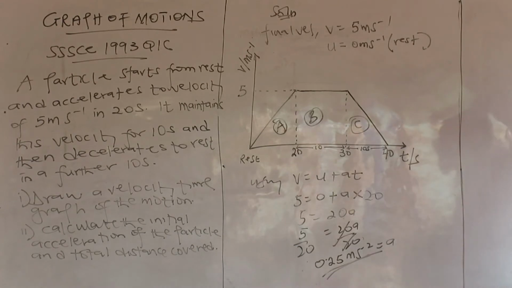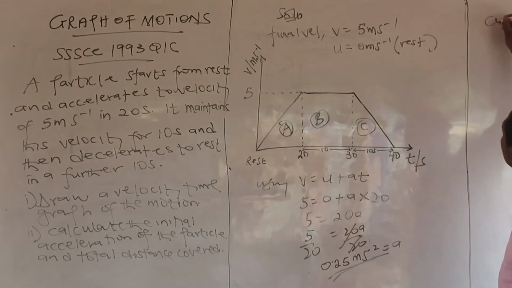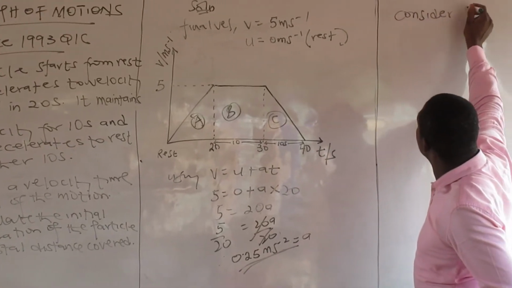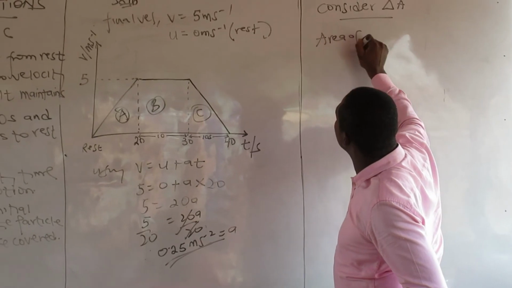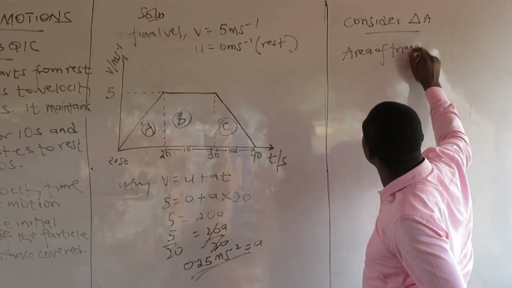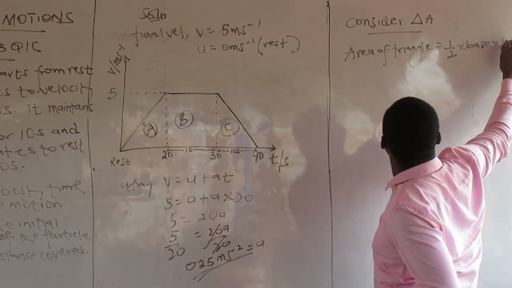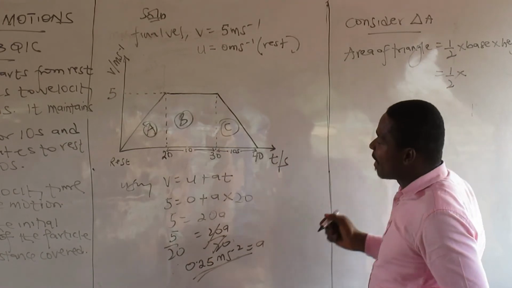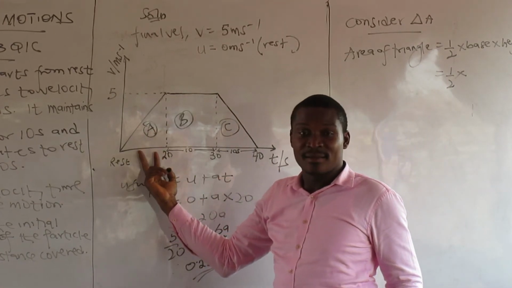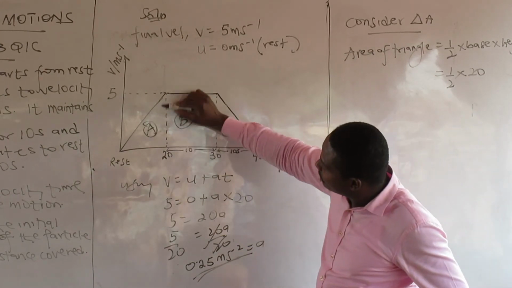Now I've been asked to calculate the total distance covered, right? So let's go. Consider triangle A. Area of a triangle equals half times the base times the height. Now half. What is my base? Here. That's 20. Now what is my height?